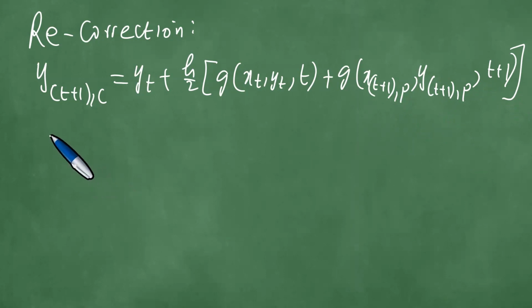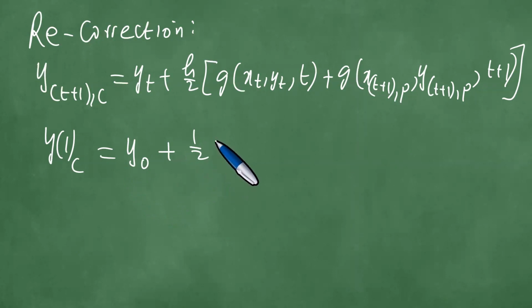So for the recorrection part, as I said before, for the other variable, for the x variable, this one is going to become exactly like the same approach. So it's going to be exactly y0 plus 1/2. Right. So you look at this very carefully and think of this.